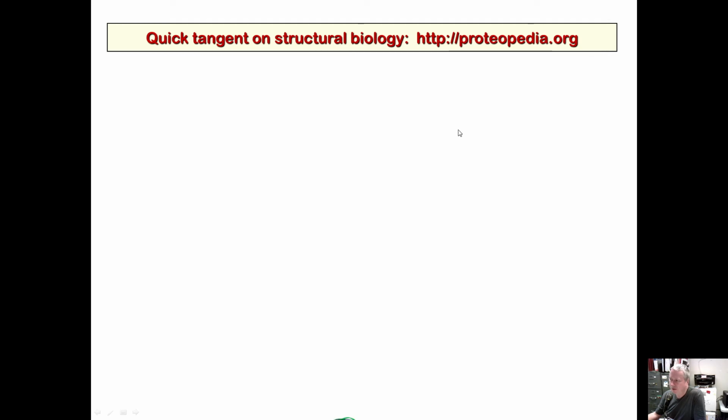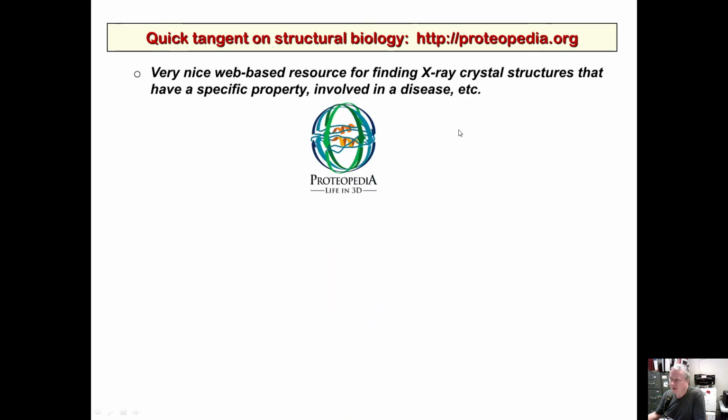It's nice that you can find X-ray crystal structures that have a specific property, maybe something like halogen bonding or cation pi interactions and things like that, or a protein that's involved in a disease. Kind of like a Wikipedia type thing, but for X-ray crystal structures specifically.